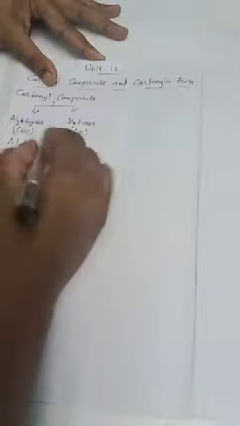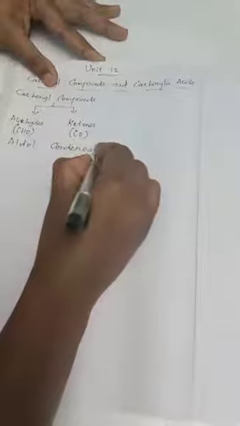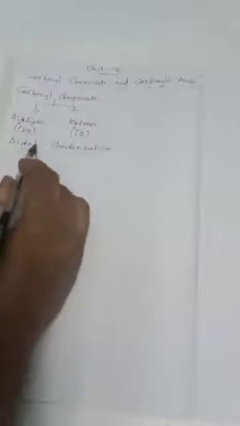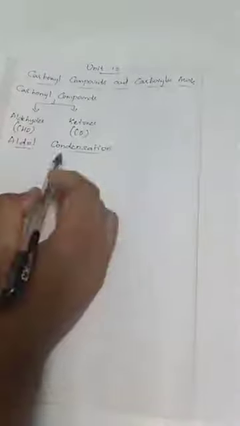So in this section, we are going to carry out one mechanism. That mechanism is called the aldol condensation mechanism or aldol condensation reaction. So once again, our topic is aldol condensation reaction or aldol mechanism.